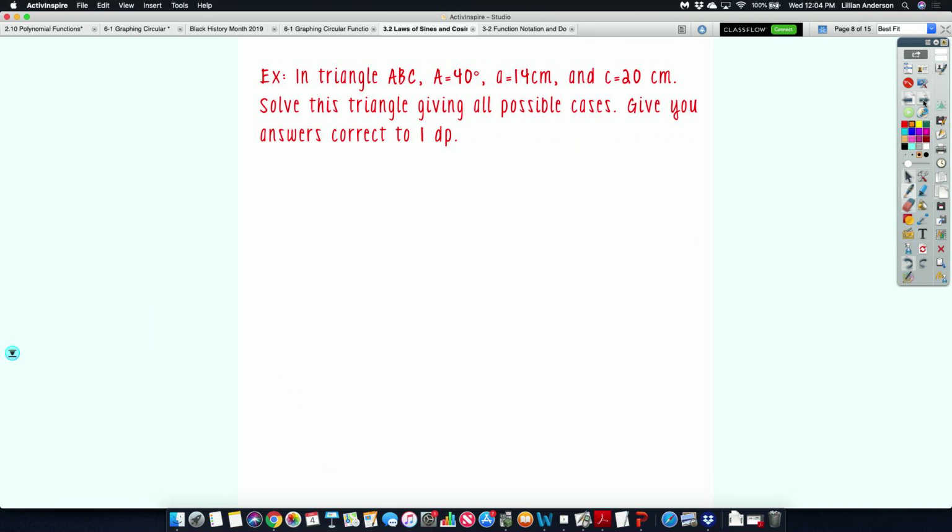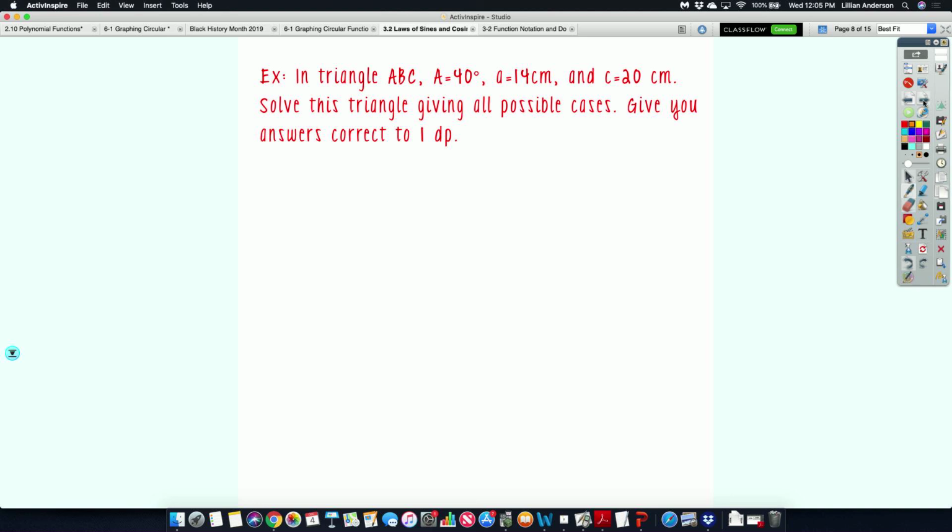Here's an example. Just get down the information of the triangle, A, B, and C. Now, this is a side-side-angle situation where you're given two sides and a non-included acute angle. The acute angle is across from the smaller of the two given sides.